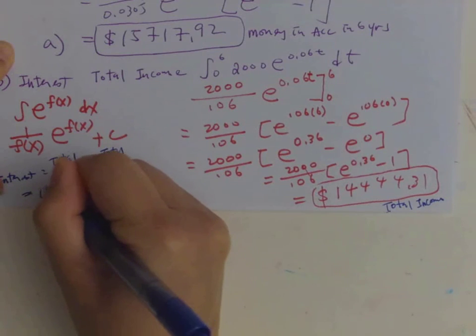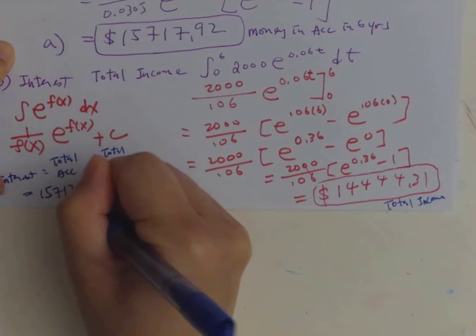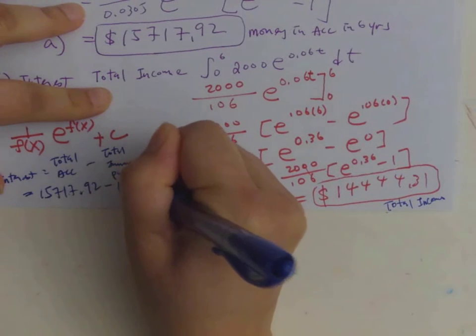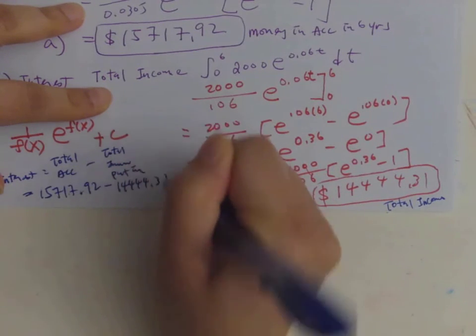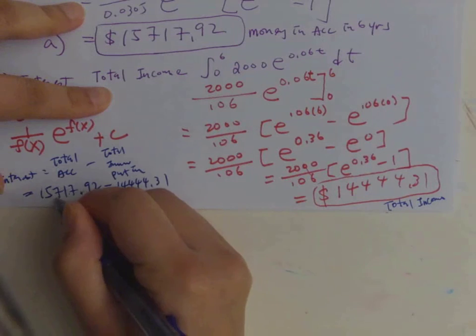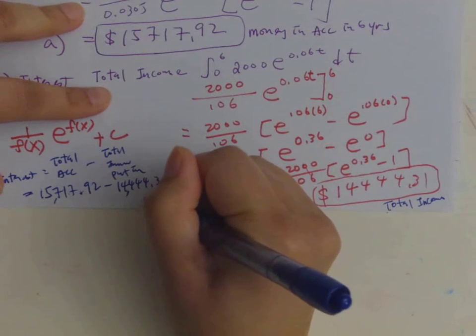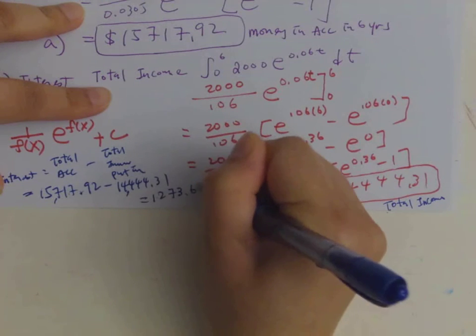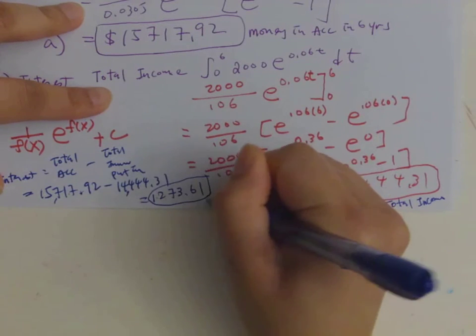So 15717.92 subtracting what we just got, 1444.31, is going to be 1,273.61 cents. So this is the interest.